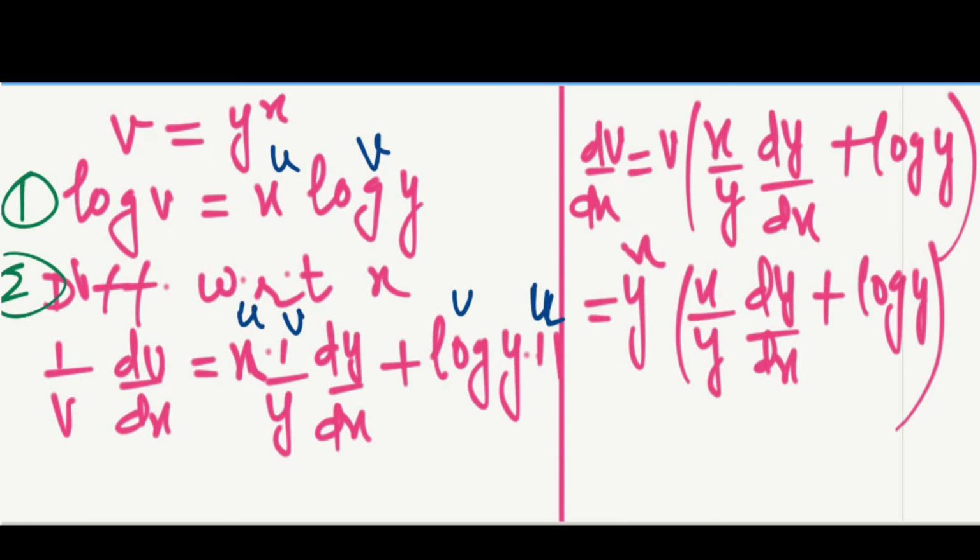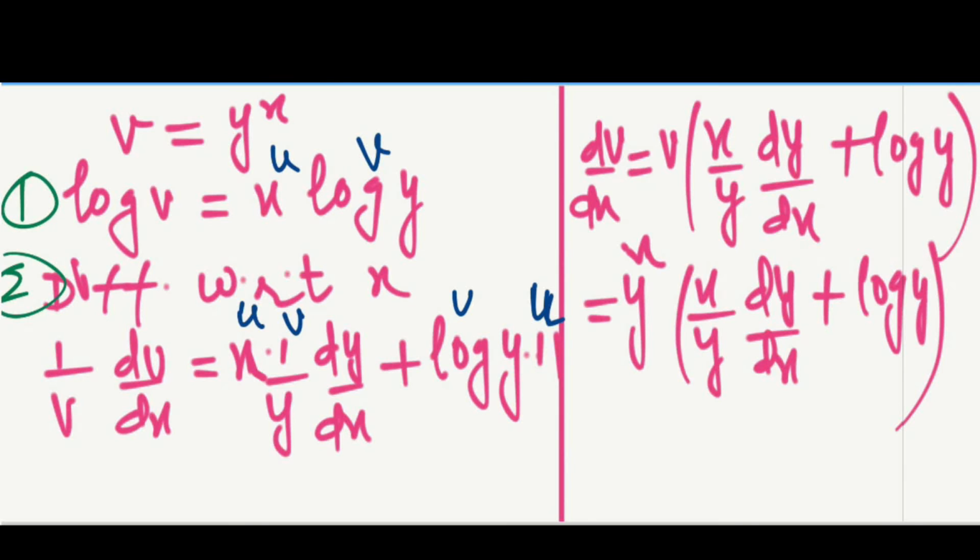So we get 1 upon v into dv upon dx equals, on the right side using the product rule, x into the derivative of log y, which is 1 upon y into dy upon dx, plus log y into the derivative of x with respect to x, which is 1.